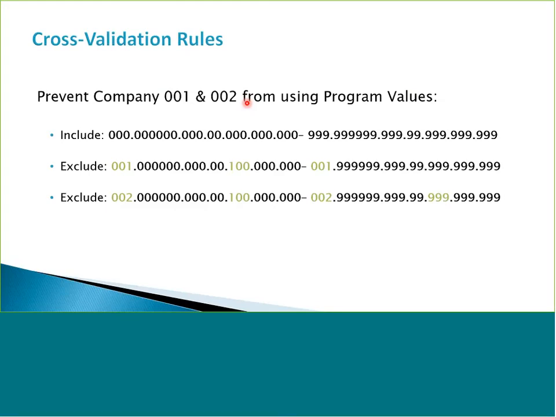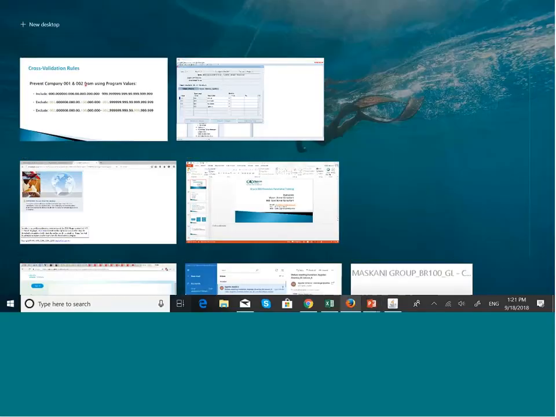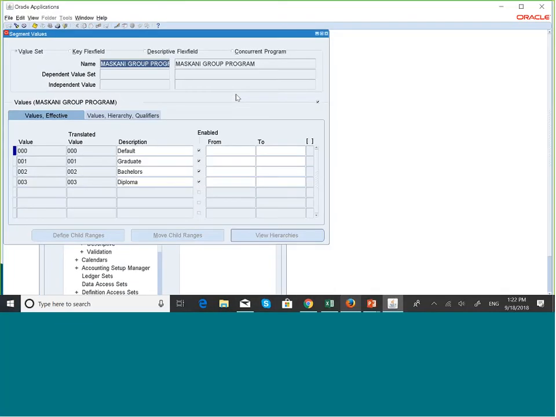And can you clarify why we don't want that to be used, just for anyone watching this to understand a little bit more? Okay, so the reason why we don't want those particular values to be used is because we are going to use the same chart of account structure to create another company.